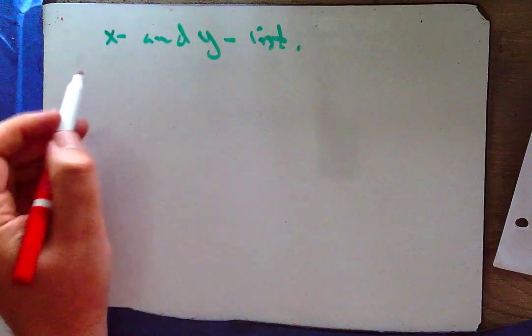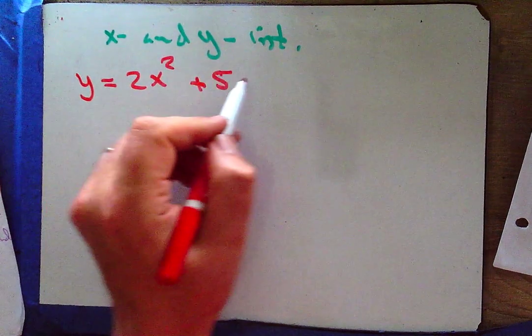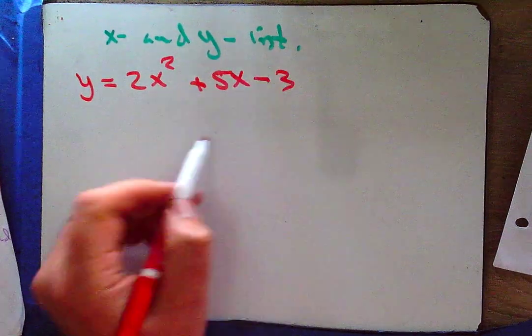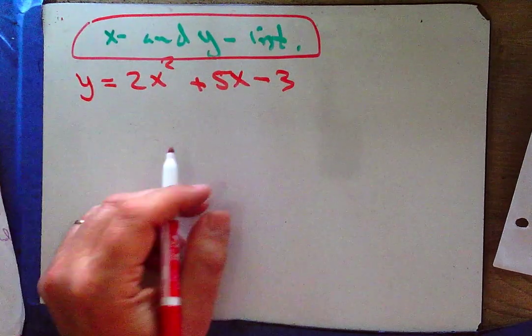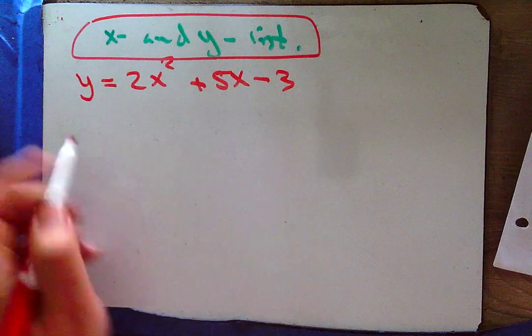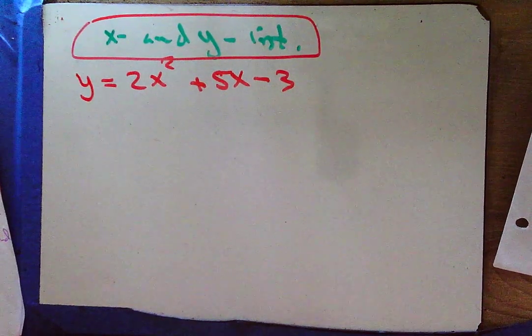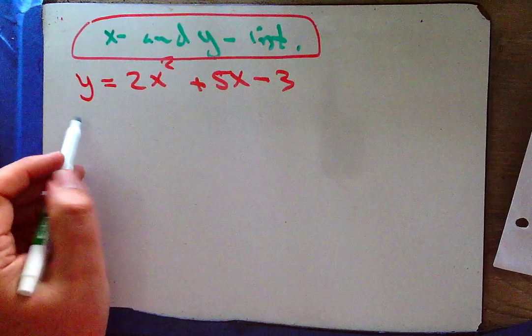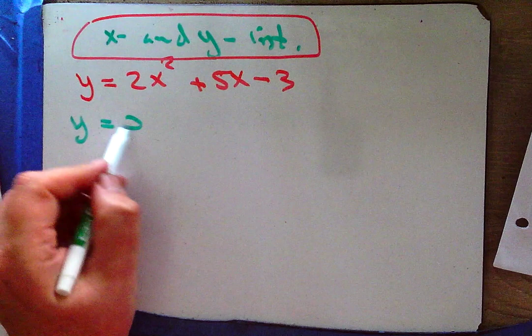And so even though we might have a faster way, when they say they want you to graph with x and y intercepts, you need to find those x and y intercepts.